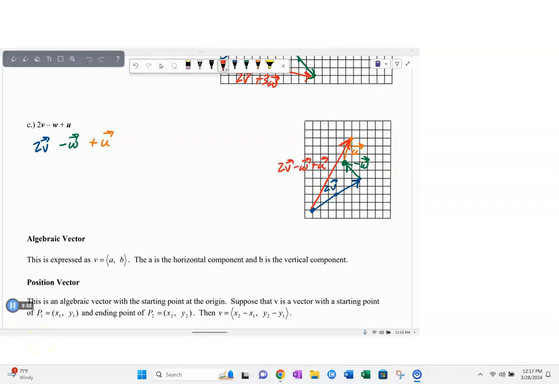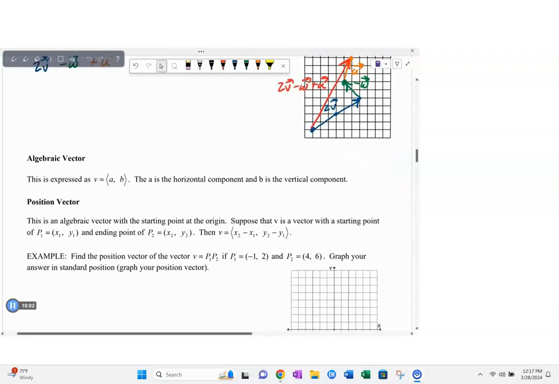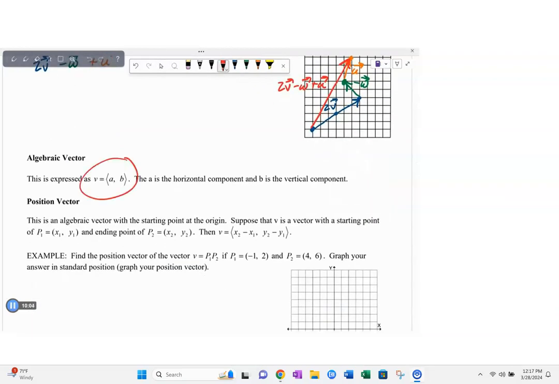Horizontal component and the vertical component. So vector v can be expressed as a, b there, horizontal and vertical components.